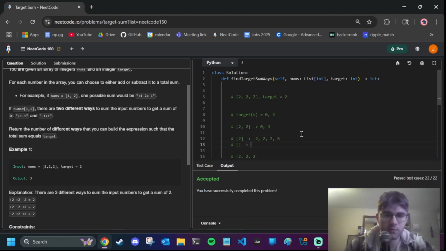If you were to do this one more time, you'd have minus 4, 0, 0, 4. No, I don't think that makes sense. So maybe you can just count the number of times, like the absolute value. So here there's 3 absolute values of 2, because this 2 could either be negative 2 or 2.